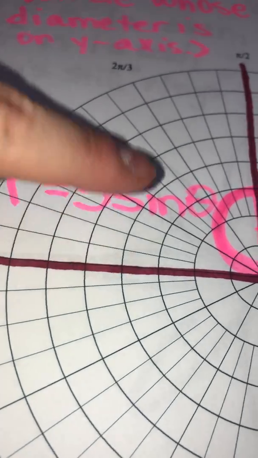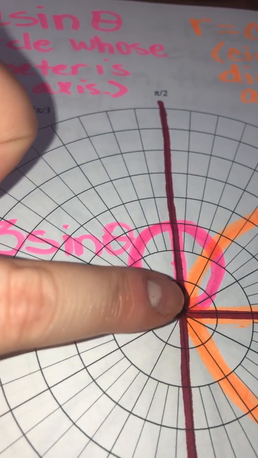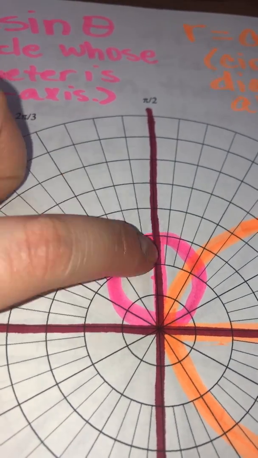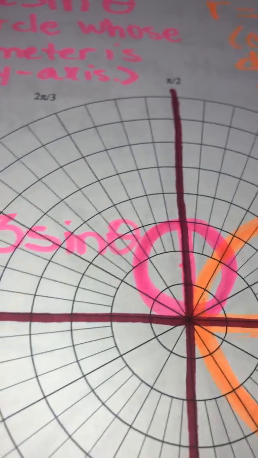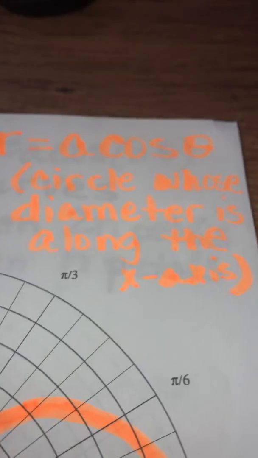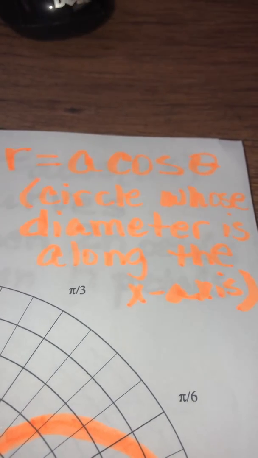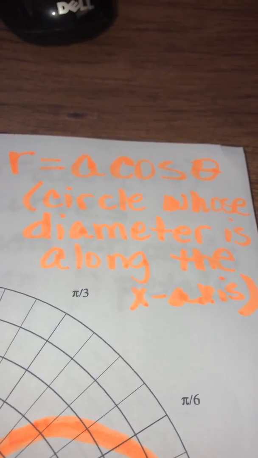So this 3 sine theta is a circle that goes from 0, 0, the origin, all the way to 1, 2, 3 rings up on that y-axis. Whereas r equals a cosine theta is a circle where the diameter is along the x-axis, so going the opposite direction.